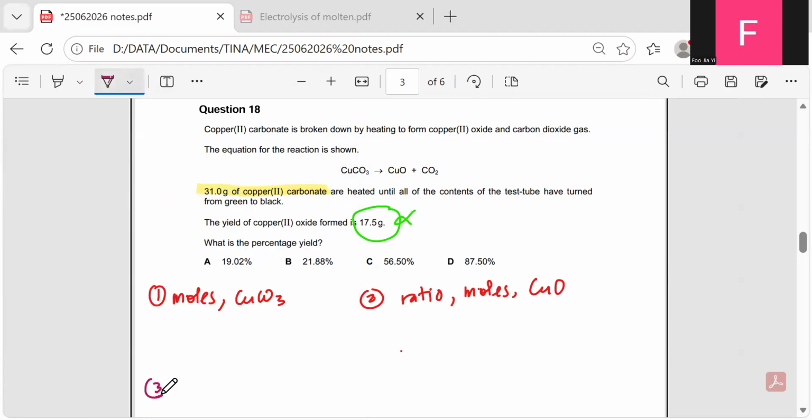Step 3, after you got the ratio, you find the mass of copper oxide. And step 4, I will teach you how to do later.